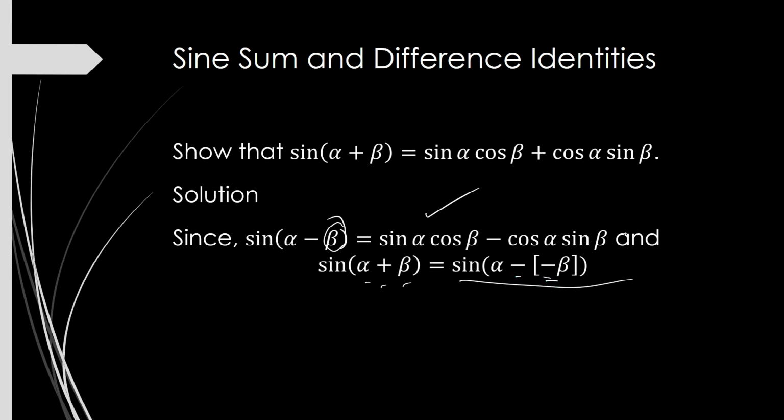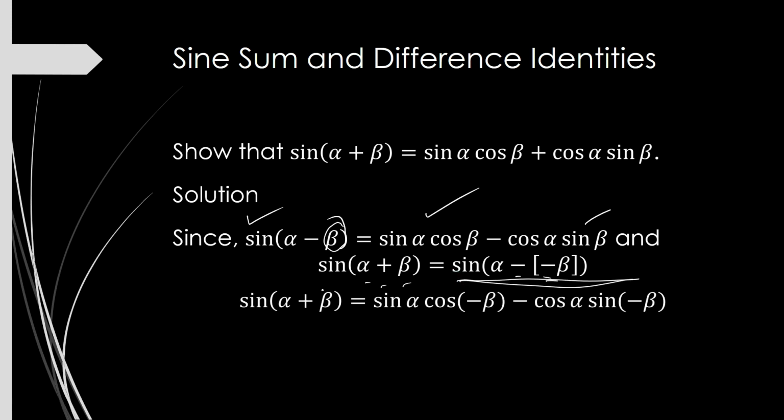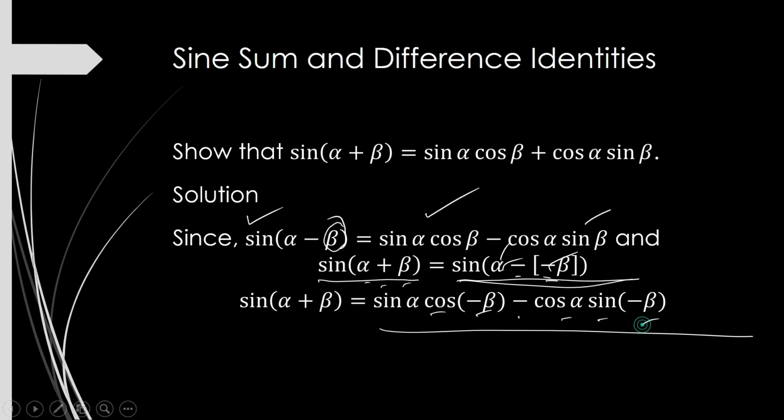And so we can now apply this identity. This is equal to sine of alpha times cosine of negative beta minus cosine of alpha times sine of negative beta.